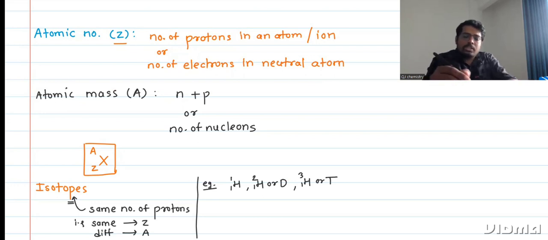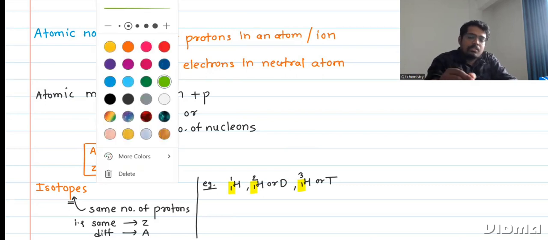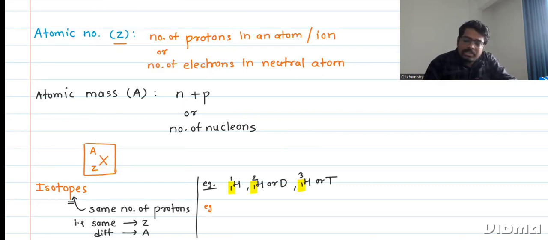Here the atomic mass number is different, but the atomic number is the same. The number of protons is the same, but the atomic mass number is different. The second example is carbon 12, carbon 13, and carbon 14.